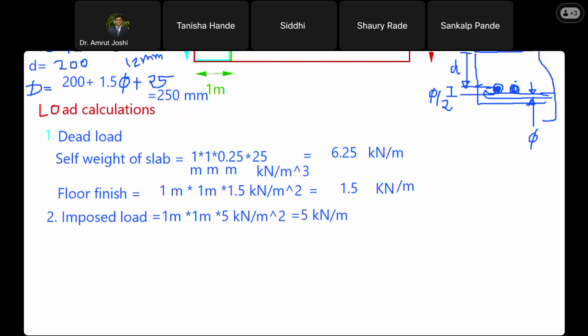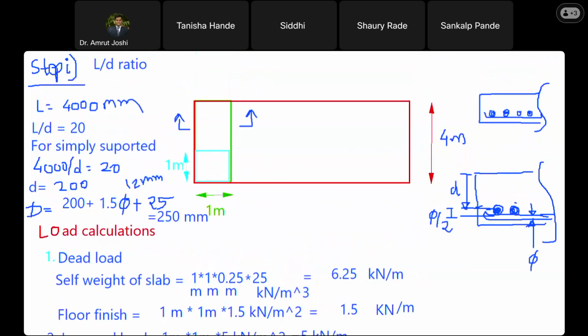Now let me draw the loading diagram. So how does this slab look like? When I take a section like this, let me draw the section direction this way. Along these long edges, we are going to have beams, isn't it? I am just drawing in the top view, or in the plan of this slab, this dotted line.